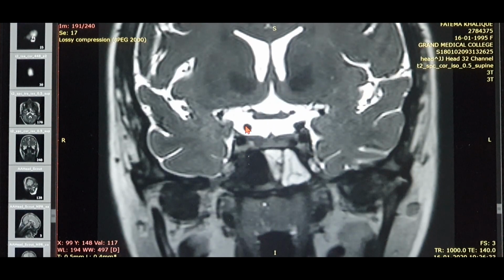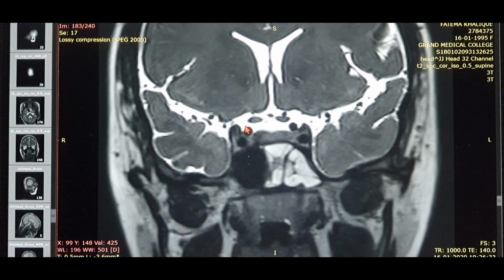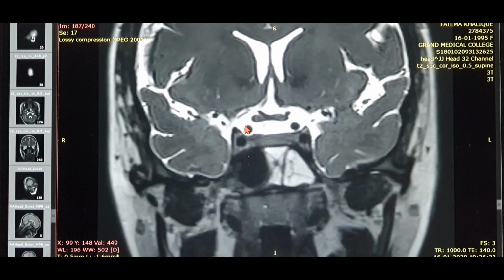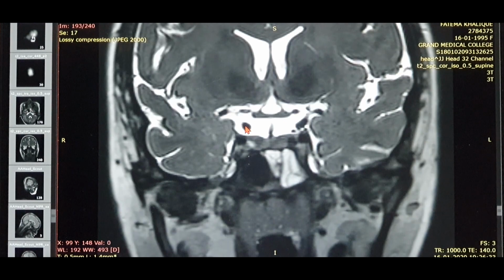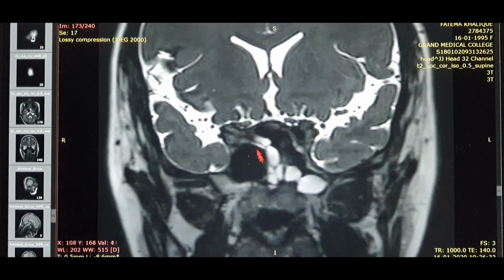So this is how you try to locate the anterior and the middle cerebral artery on an MRI scan as well. So you need to understand the basics. Okay, so this was the MRI part where you can locate the internal carotid artery on the MRI.